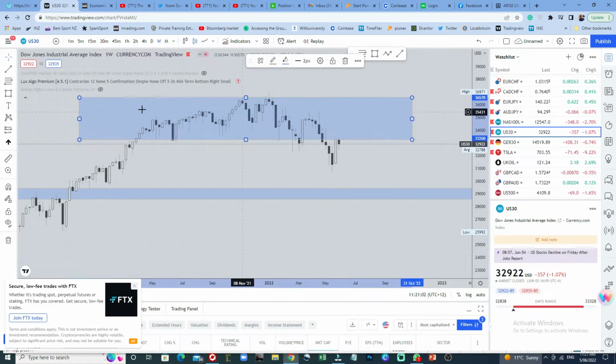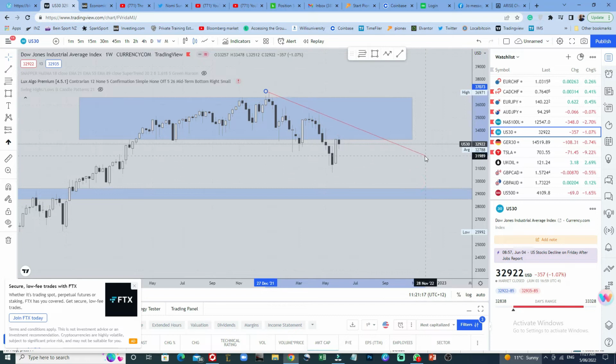The market's already trying to break that consolidation structure and push to the downside. You can see through this trend line it's slanted. The direction of the trend line is pushed to the downside, which is indicating a change of character.